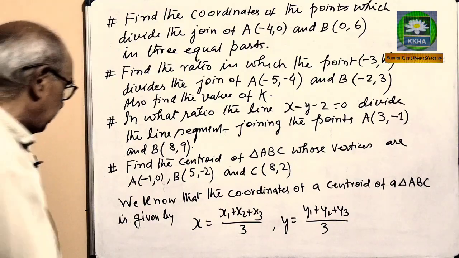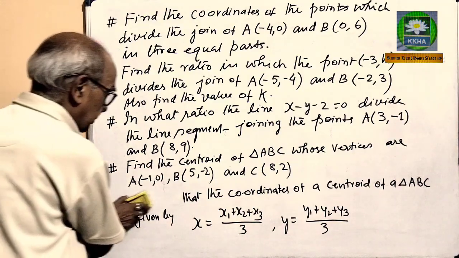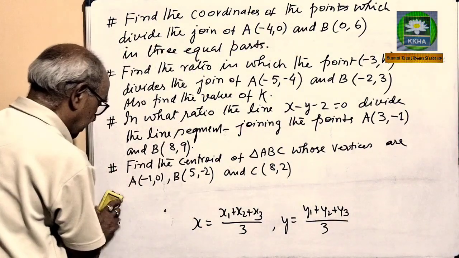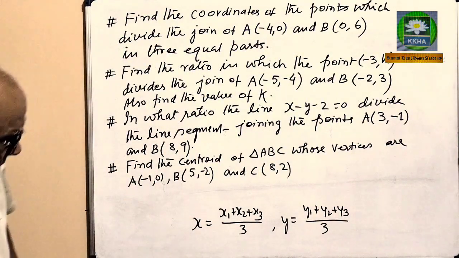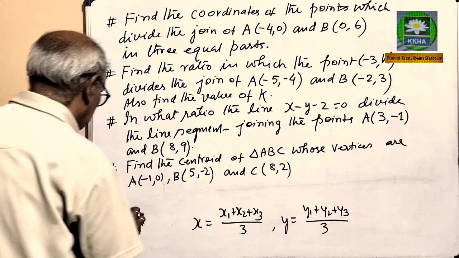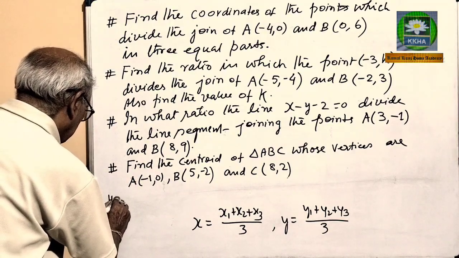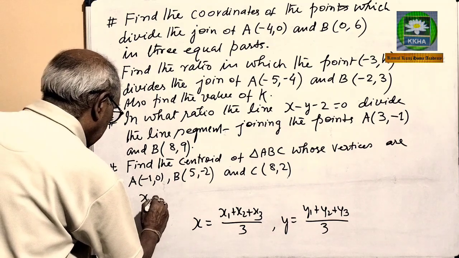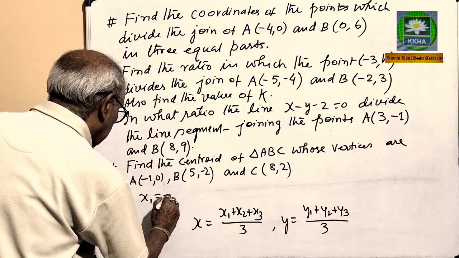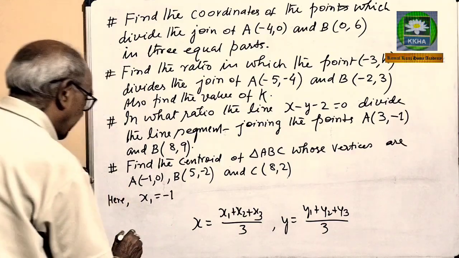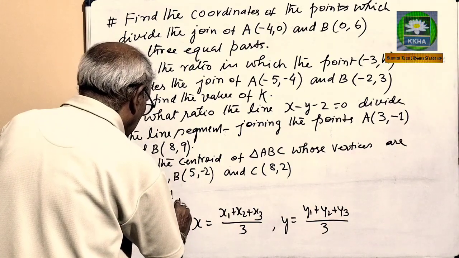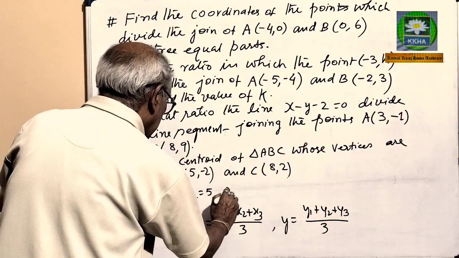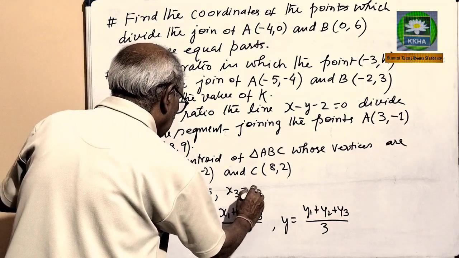So here we have x1 equal to -1, x2 equal to 5, and x3 equal to 8.